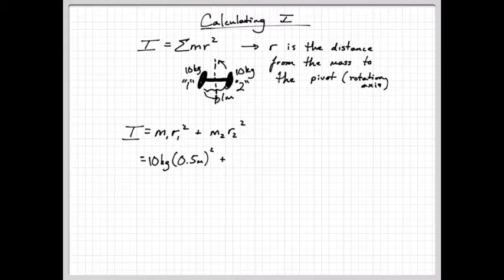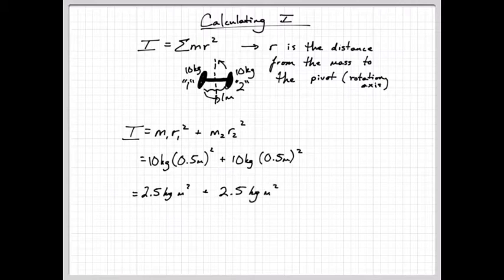The other mass is 10 kilograms, and it's also located half a meter away. So when we crunch this out, we get 2.5 kilogram square meters and another 2.5 kilogram square meters for a grand total of 5 kilogram square meters.